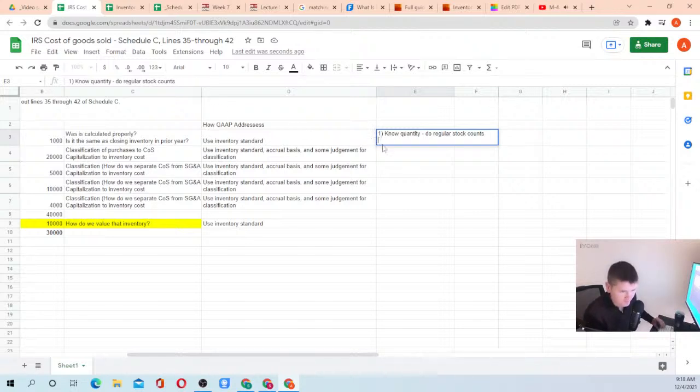Second, know quality. It can be part of the quantity. So assess obsolescence and we assess spoilage, all of that stuff. We usually do it also as a part of stock count or inventory observation.